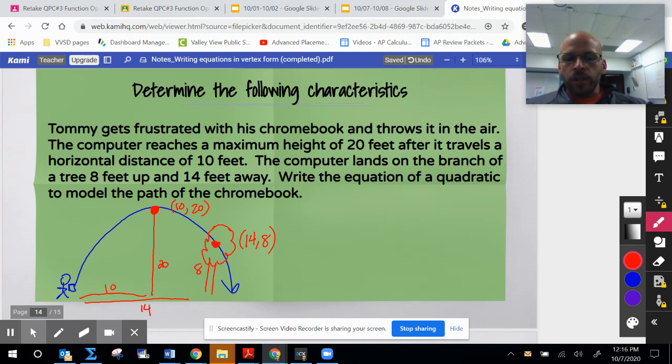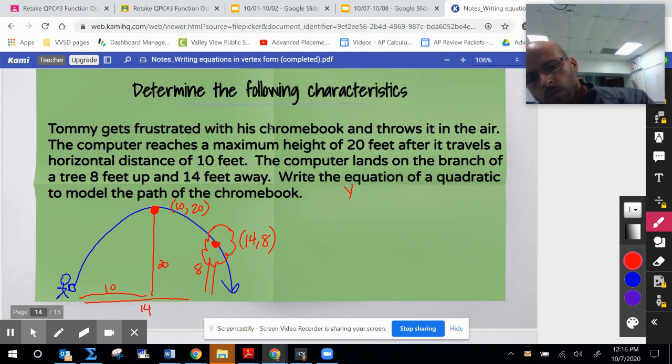So the tree was 14 feet away. The computer landed in the tree 8 feet up. So the 14 is your x, the 8 is your y. So now I want to write the equation. y equals a times x minus h squared plus k.